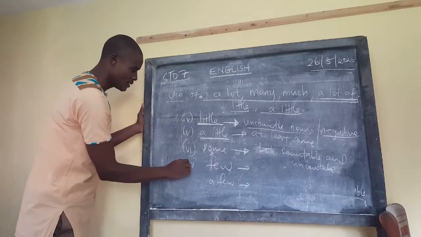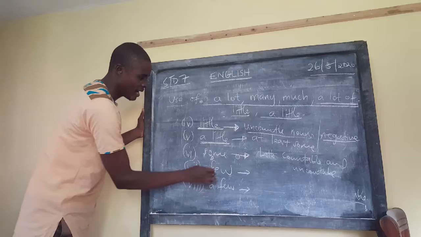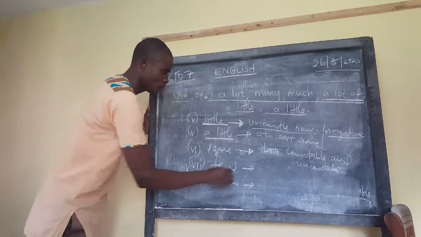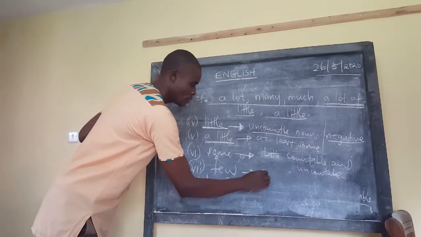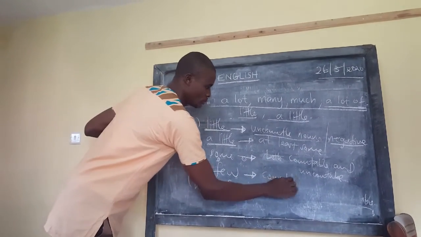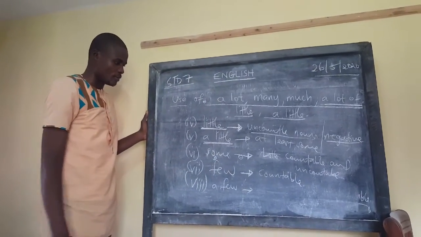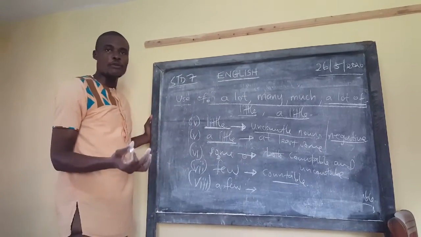Then Roman 7 and 8 are few and a few, almost the same in use, but few is used to show countable nouns only. Talk of "there are few boys in class."